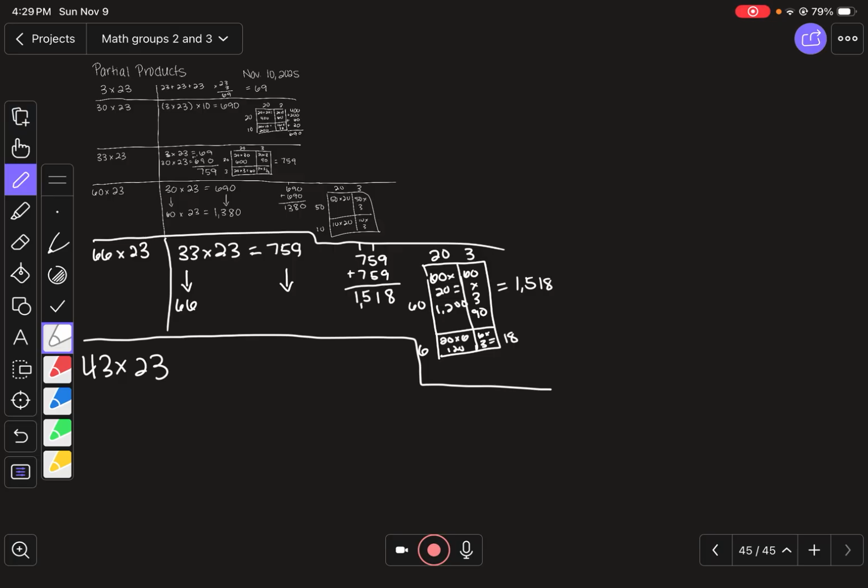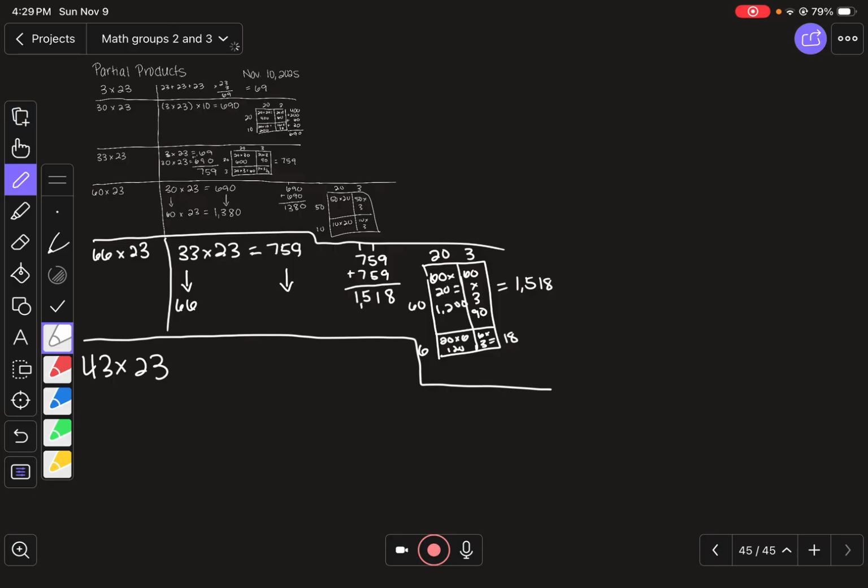So 43, oh, and I said 23, didn't I? That's okay. We're just going to stick with it. So 43 times 23, I'm really just going to break up that 43 into 40 times 23 and 3 times 23. And that might help me more easily get the answer.